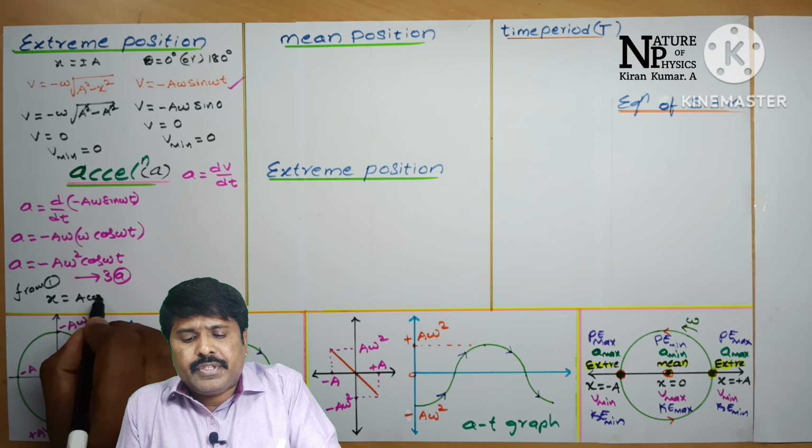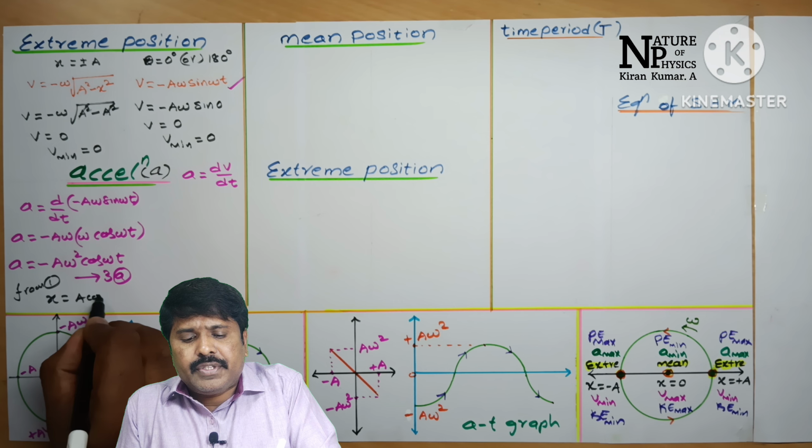Continuation, we will get here velocity v is equal to minus omega root over a square minus a square. See there, a square gets cancelled, so that velocity is 0. So velocity is minimum, which is equal to 0 at the extreme position, so at the extreme position kinetic energy is also equal to 0.